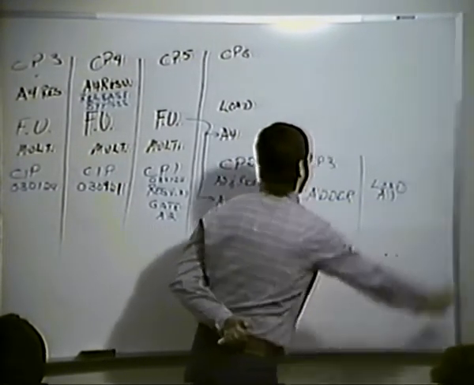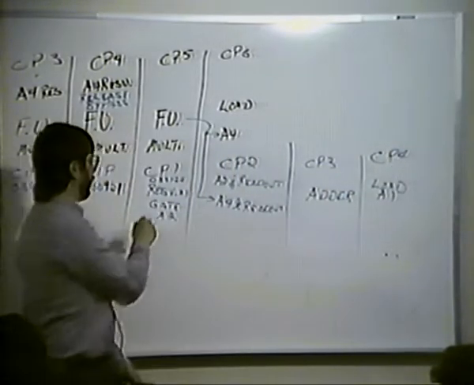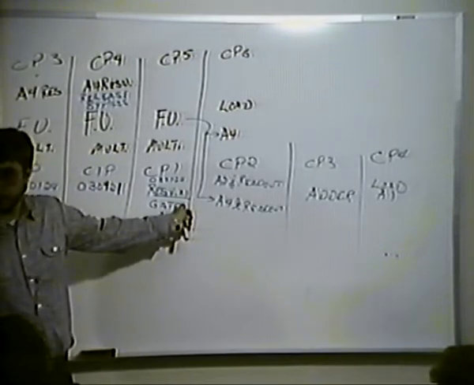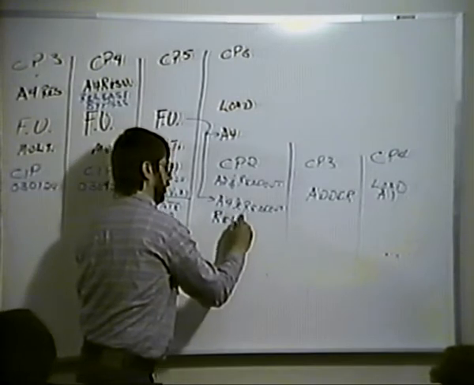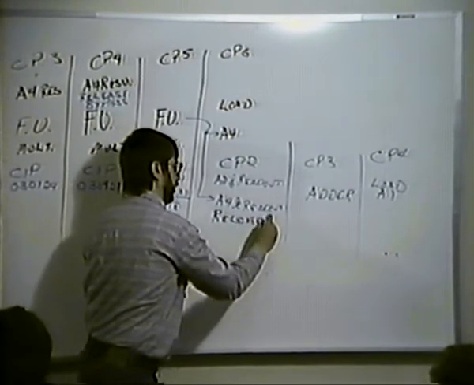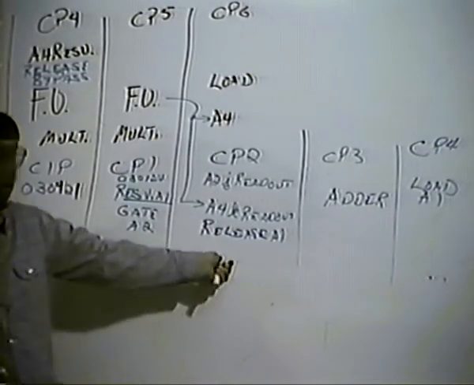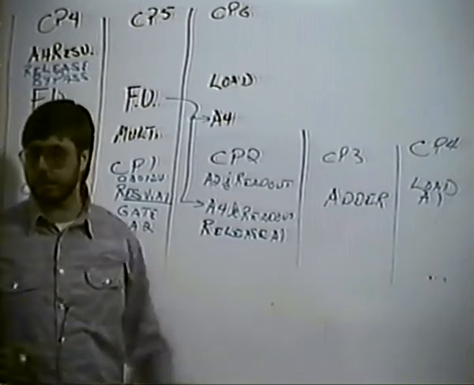Whatever. The same thing here. We reserved A1. We held it as long as the functional unit time, which is 1 clock period. Release A1. And it'll run to completion. Another instruction following here, wanting to use A1, would issue right there.